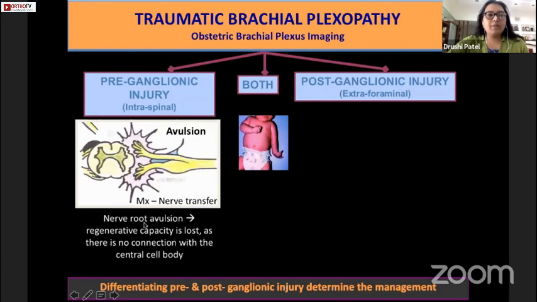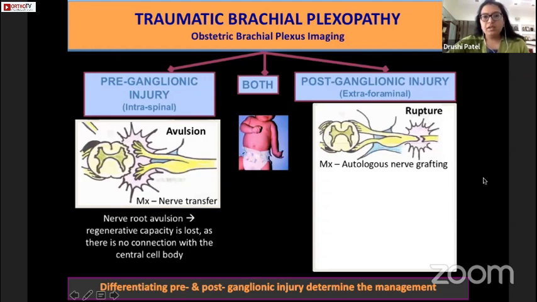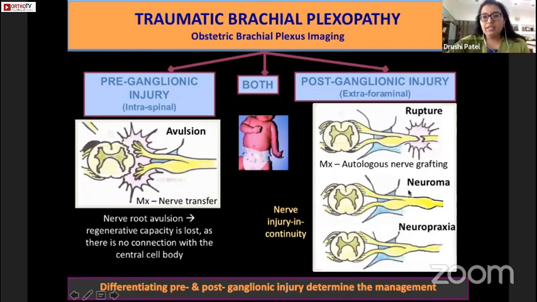These are the nerve root avulsions, in which there is a loss of connection with the central cell body or the spinal cord, and these are the most severe form of injuries. The postganglionic injuries include nerve rupture, wherein there is a complete break in the nerve, and neuromas and neuropraxias, which are nerve injuries in continuity.